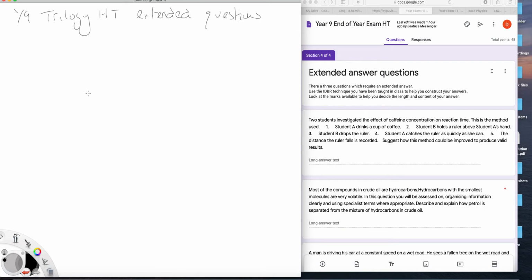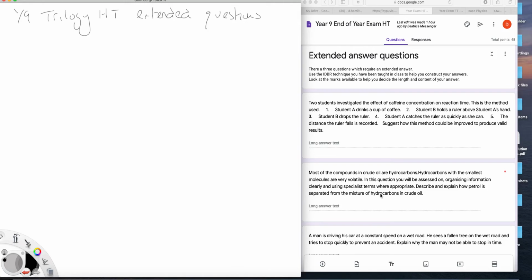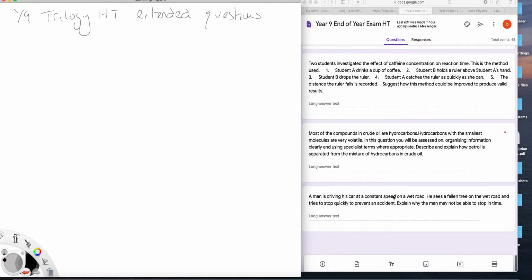If we look then at our next question about crude oil, describe and explain how crude oil is separated into different fractions.